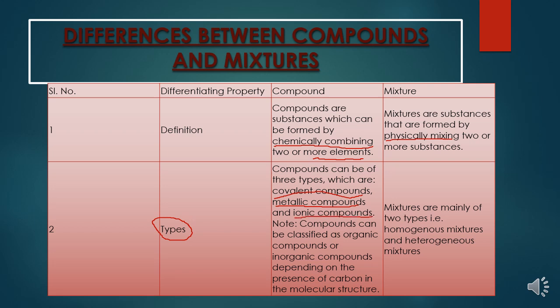Ionic compounds constitute atoms of both non-metallic and metallic atoms combining together. Whereas a mixture exists as either homogeneous mixtures or heterogeneous mixtures. Homogeneous mixtures are mixtures of the same kind which you cannot distinguish, whereas heterogeneous means that it is a variety, or you can easily distinguish between the two substances that are mixed together.